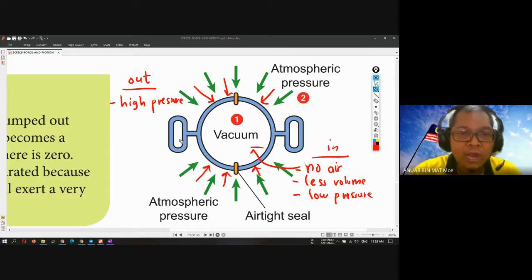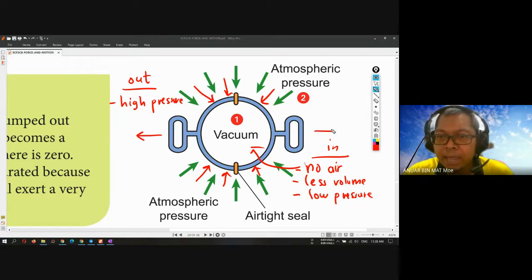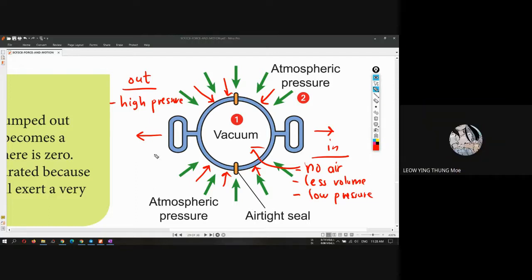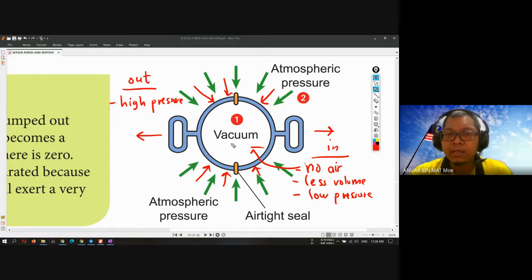So when you try to separate the Magdeburg hemispheres, can or cannot? You try to separate it. Cannot. It cannot be separated.